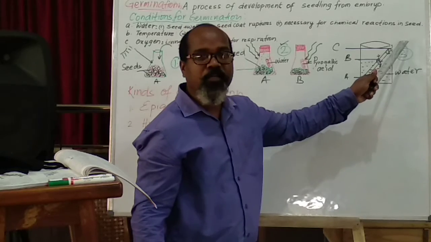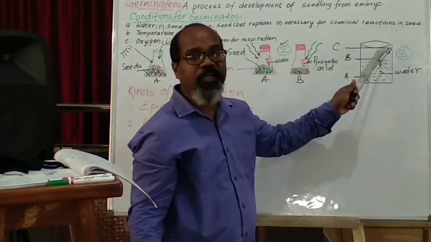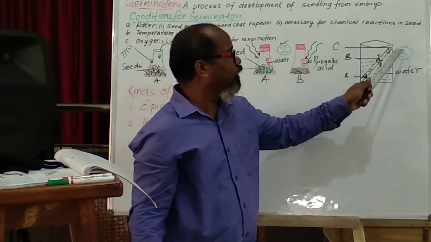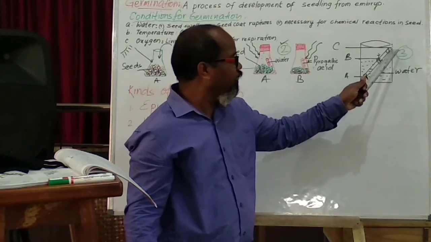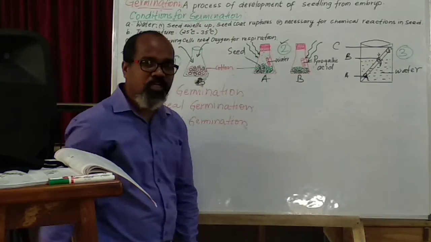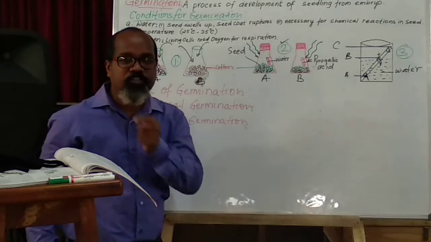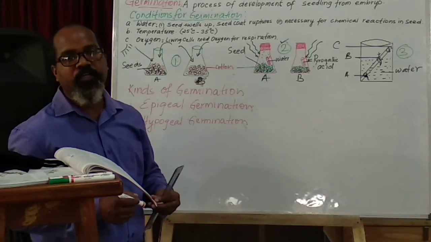It has only been receiving optimum temperature and air, that is oxygen. So it also does not germinate because of the lack of water. So these experiments suggest that these three conditions for germination are very, very important.